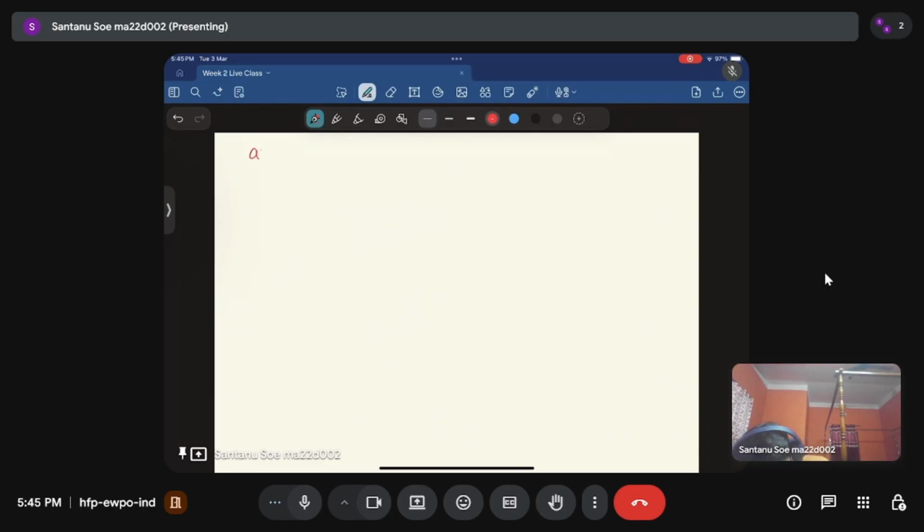And rho xy equals y square. Also, find out the center of gravity, or the center of mass.